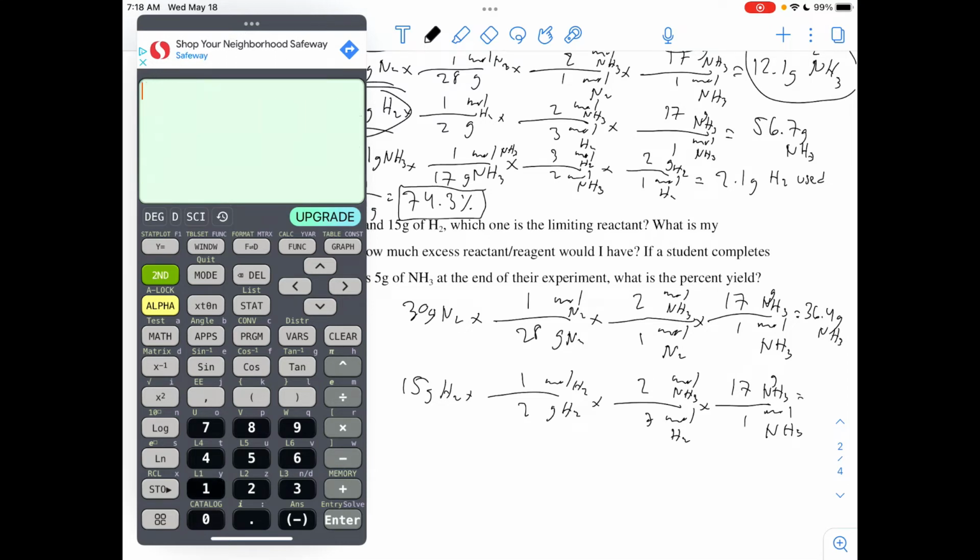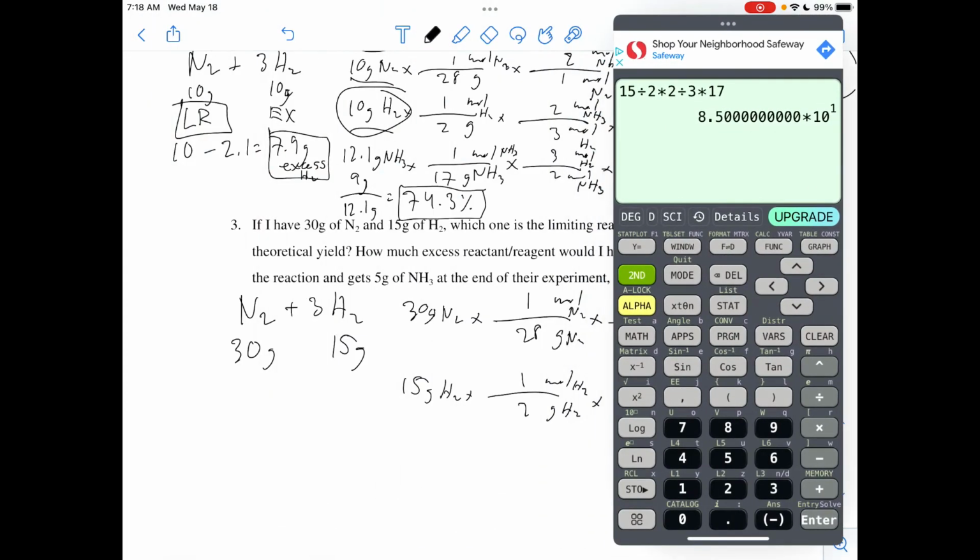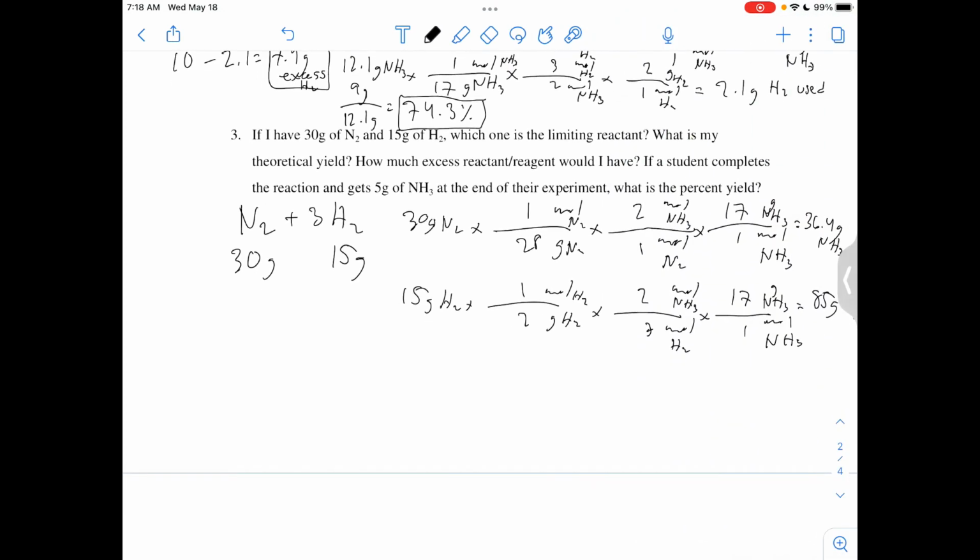And this one, 15 over 2 times 2 over 3 times 17, 85. So again, in this problem, which one produced less? My N2 is my limiting reactant. Hydrogen is excess.